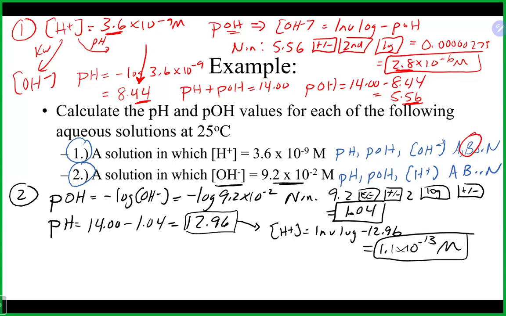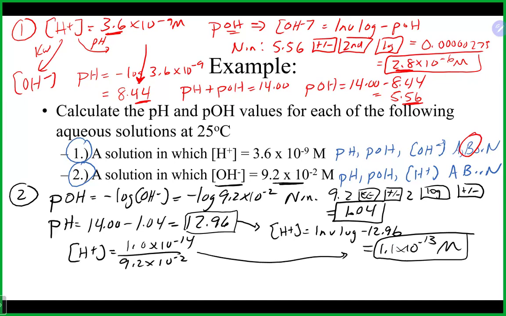And once again, should be the same thing you get if you did KW: 1 times 10 to the minus 14 divided by our 9.2 times 10 to the minus 2 should also get you there as well. All right, so once again, looking at the pH value here, which is 12.96, that again is going to be basic. Any questions on any of those calculations?